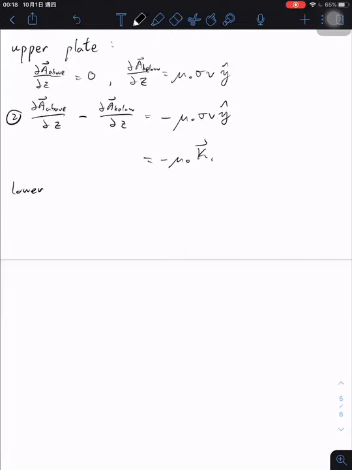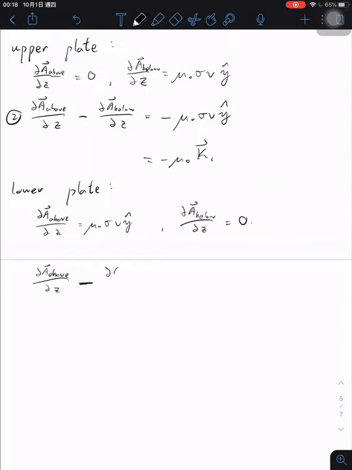For the lower plate, the region above the lower plate is the region between the two planes. So the derivative is this term, and for the lower region below, the derivative is just 0. So again, we have the difference being, this time, the sign positive.